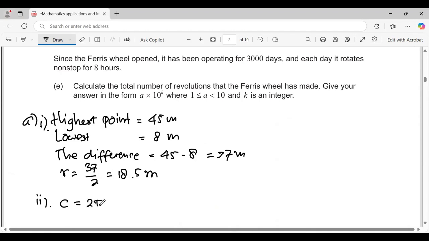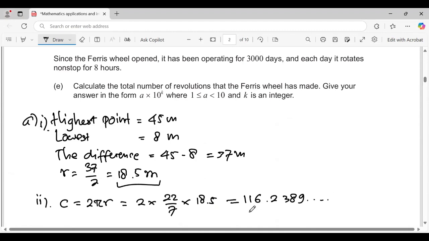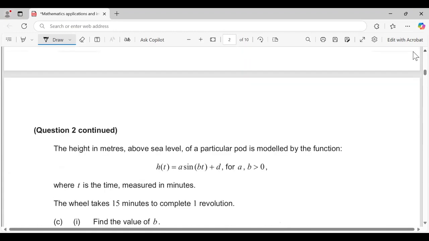The formula is 2 pi r, or 2 multiplied by 22 over 7 multiplied by 18.5 meters, because this is the radius, and it is 116.2389, rounded off, 116 meters. Next question, B.